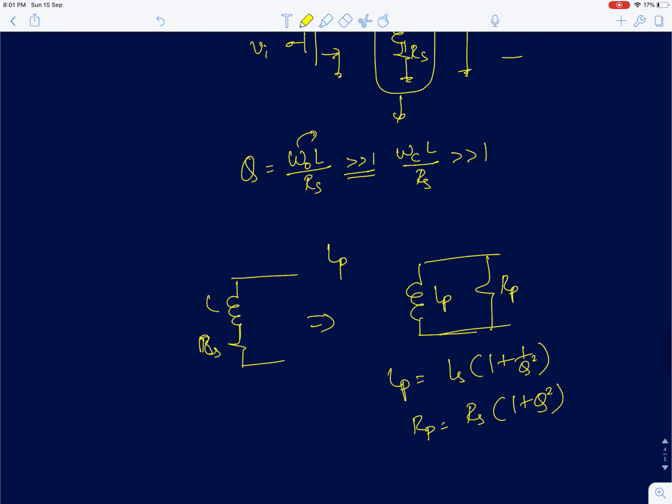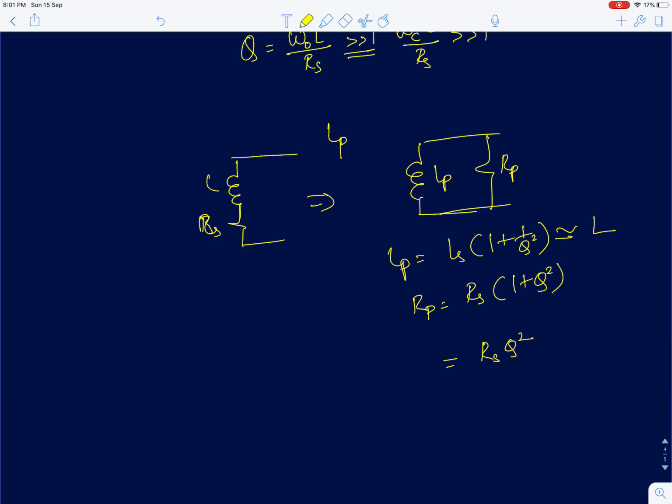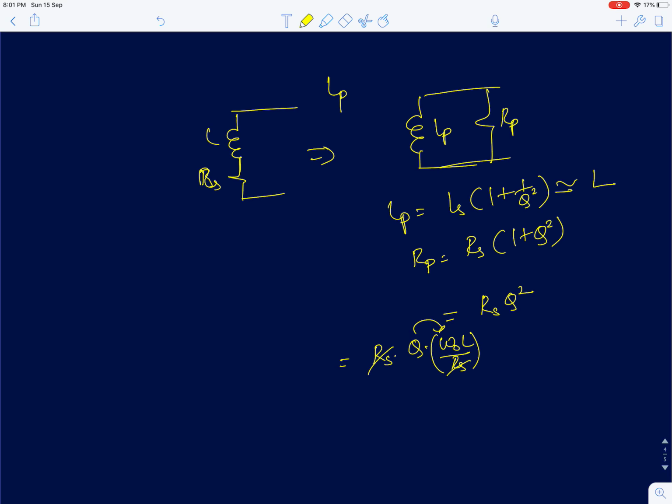For Q much greater than 1, Lp is approximately equal to Ls, which is L in this example. And Rp is actually Rs into Q square. I'll write it in terms of Q: Rs into Q can be written as Q into omega naught L by Rs, where I've written one Q as omega naught L by Rs. So Rs and Rs cancel out, and we'll be left with Q into omega naught L.